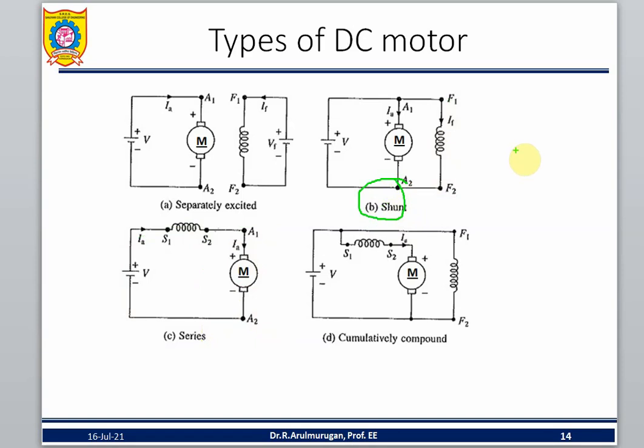Is the fan rotating or not rotating? Not rotating, it will stop, even if the fan speed is 3 or 4 or 5. So it will not rotate. That means it has a low starting torque.